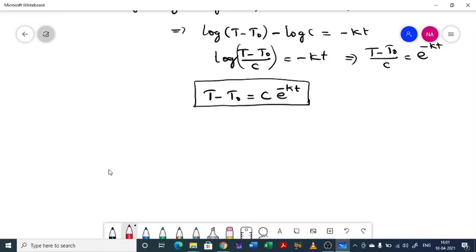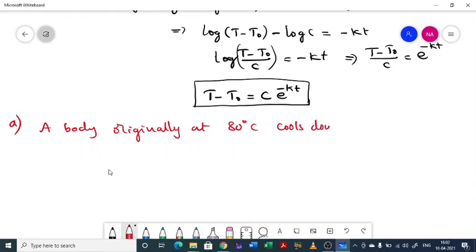So problem 1. A body originally at 80 degrees Celsius cools down to 60 degrees Celsius in 20 minutes.